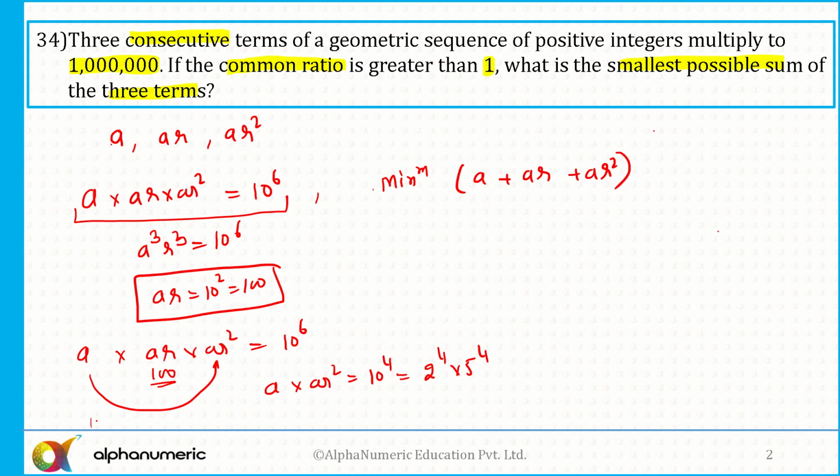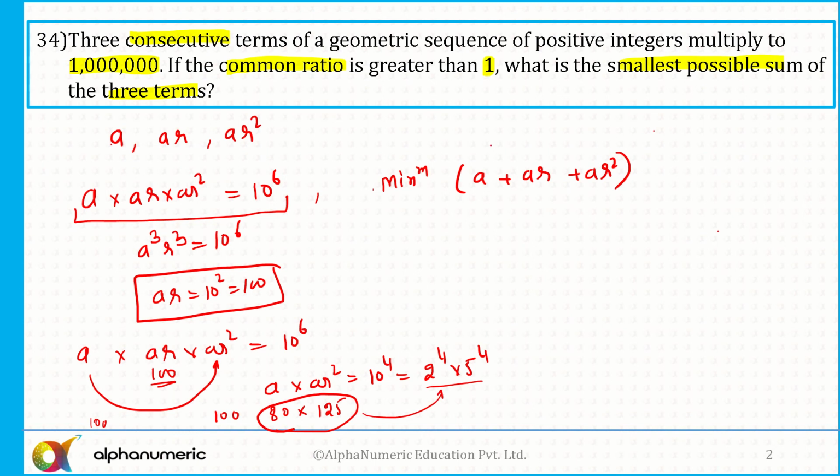Both of them can't be 100, so take one factor which is slightly greater than 100, which is probably 125, and the other value I can take is 80. These are the two numbers which are closest to 100 and they are factors of this. There have to be factors and they should be very close to 100.